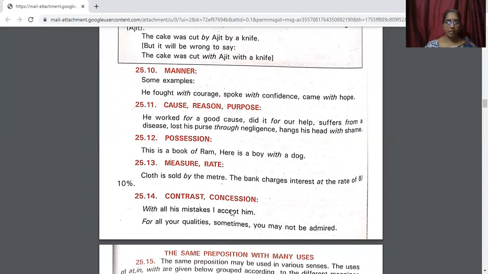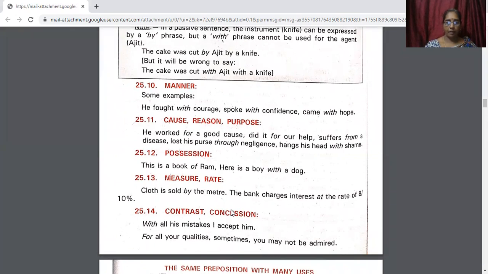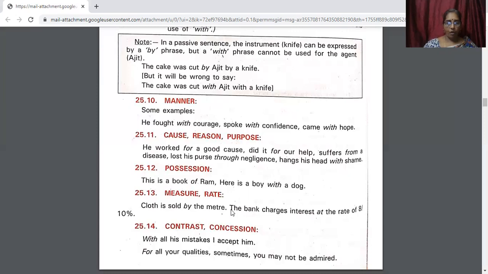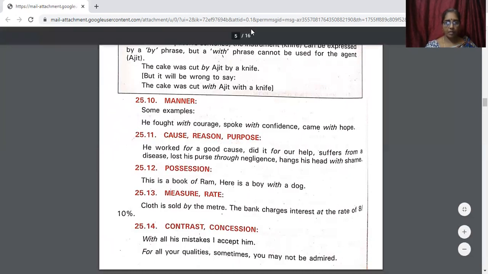Contrast and concession. With all his mistakes, I accept him. For all your qualities, sometimes you may be admired. So, here, how for is used. How with is used. It is used for contrast, concession, and so on.